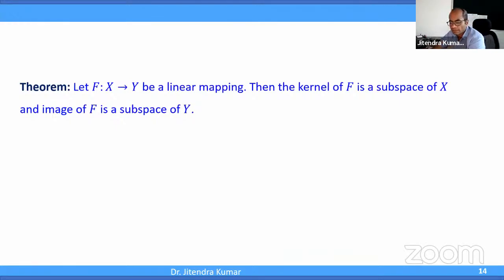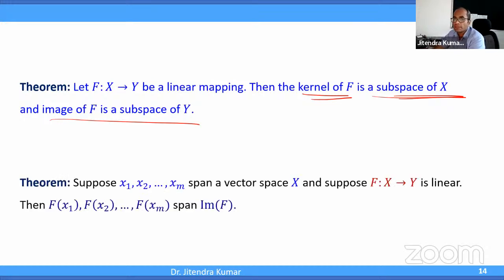There is a nice result that if f is a linear map, then the kernel of f is a subspace of X, and the image is a subspace of Y. One can easily show that, which I'll skip here. There is another result which is again not difficult to prove, and I guess in the lecture we have already gone through it.